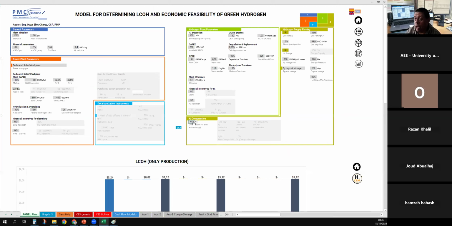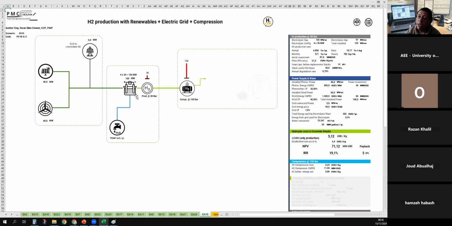Or only I want a compression, but I don't want storage. We can go to the model and you can see it's changed: production plus compression, pressure 30 bars up to 150 bars in compression.